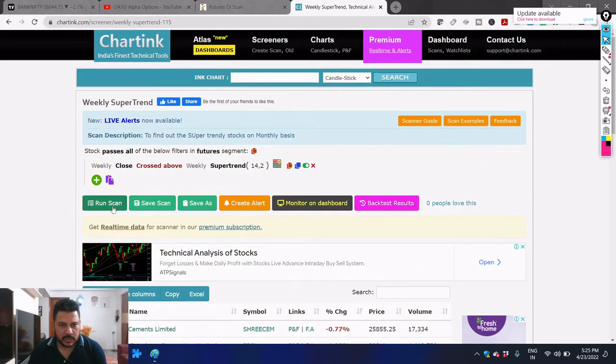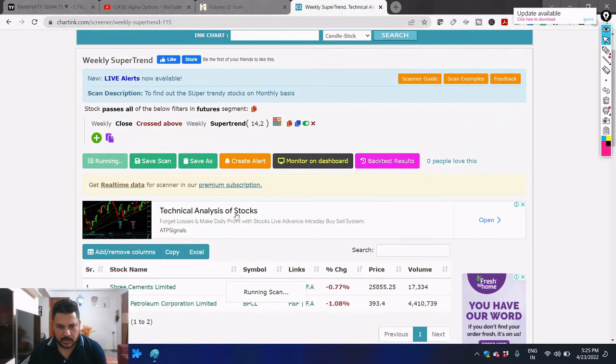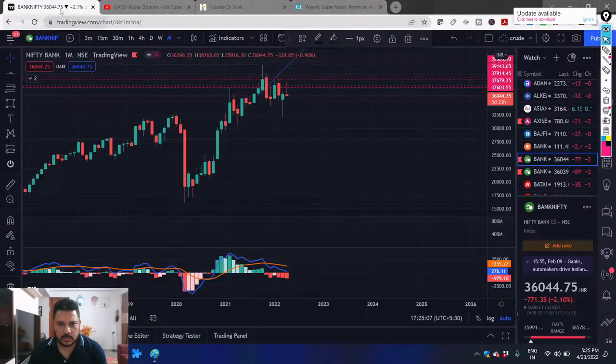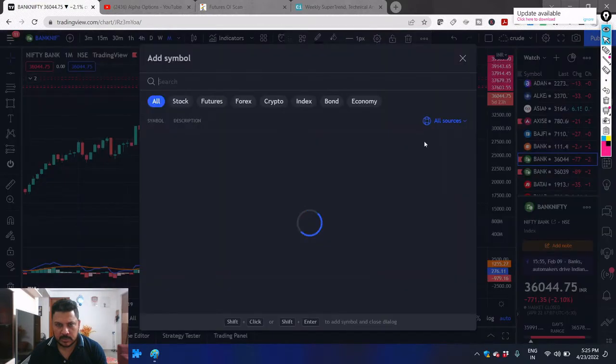So I can see that there are two stocks which are appearing in this list, Shree Cements and BPCL. So let's try to see what the chart is telling us. Is it wise to invest in these stocks or not?